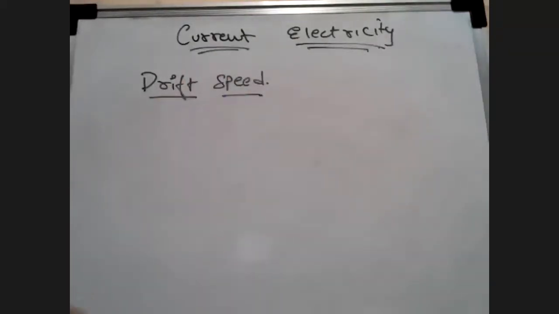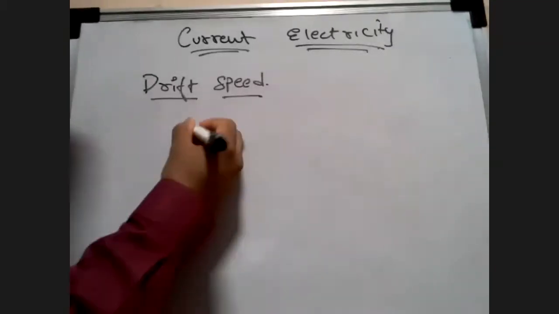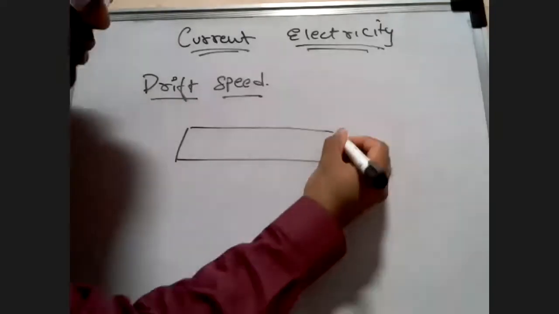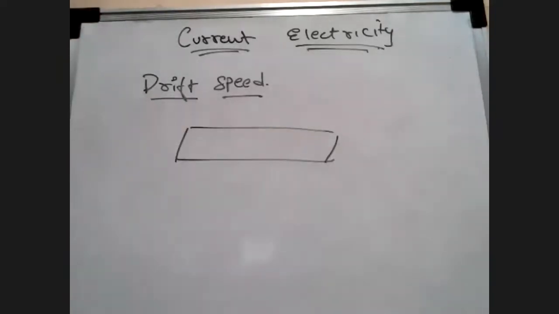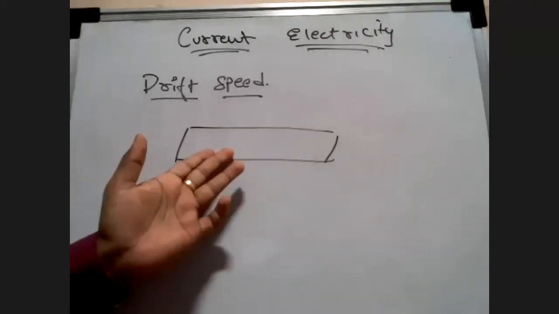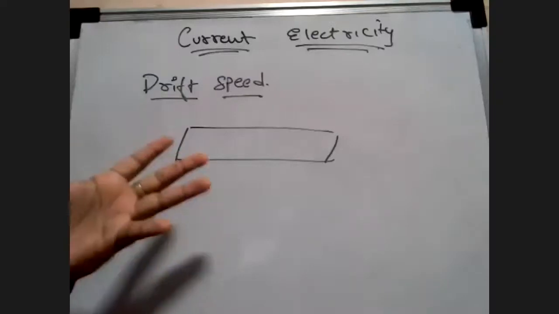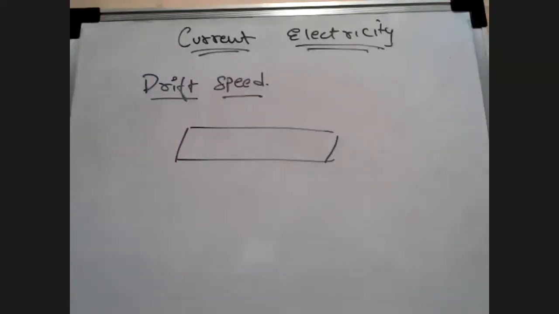See, now imagine in a conductor, there are a number of free electrons. You can't even count them. Basically, these electrons will have a certain amount of movement. They will have some speed even though there is no electric field.